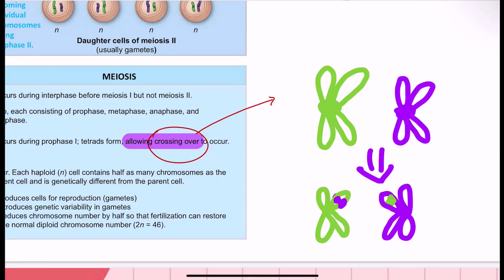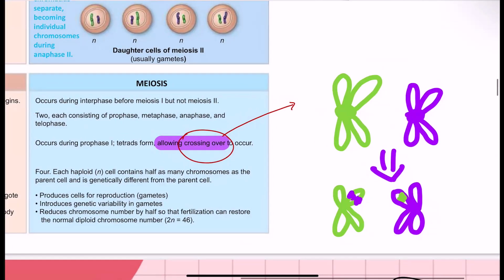Notice it's in the same spot. You see what I mean? So that's crossing over. And that allows for a lot of genetic variability because it's still the same chromosome, just with a little bit different stuff. So that increases genetic variation. And that's important when we only have one copy of chromosomes, right?